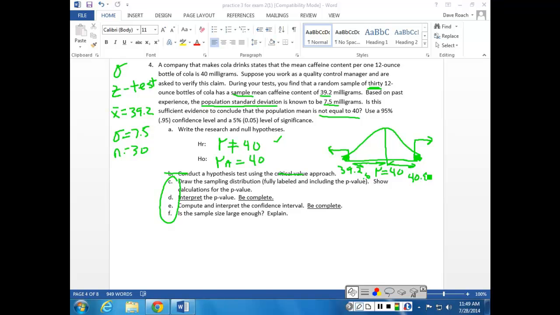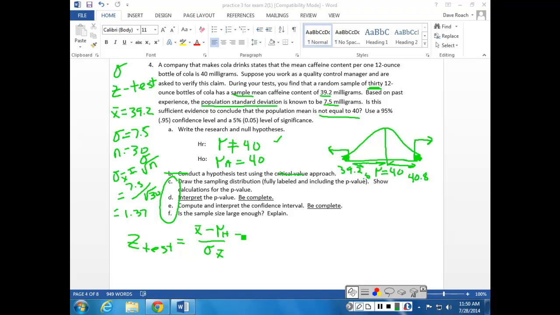I'm going to compute the critical value. Z-test is going to equal X bar minus the hypothesized mean over the standard error, sigma X bar, where sigma X bar is equal to population standard deviation divided by the square root of n, which is 7.5 divided by the square root of 30, or 1.37.